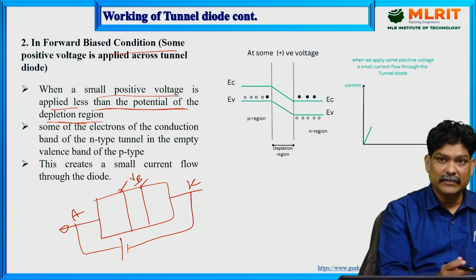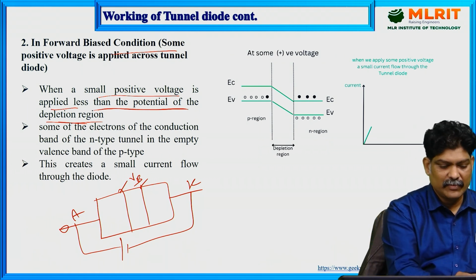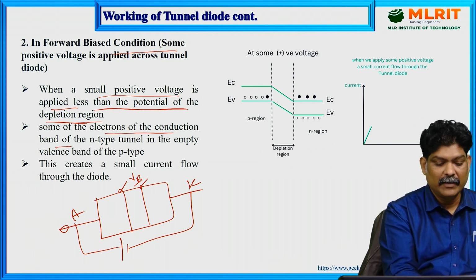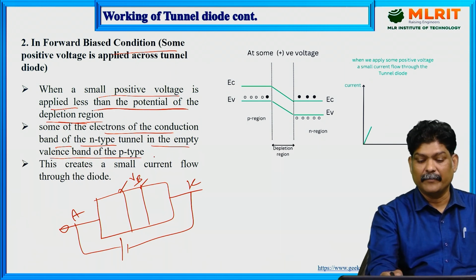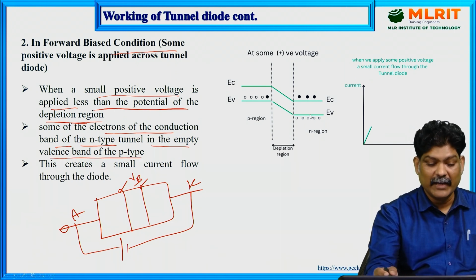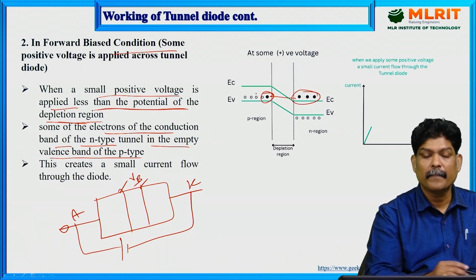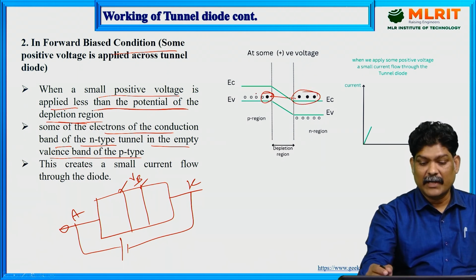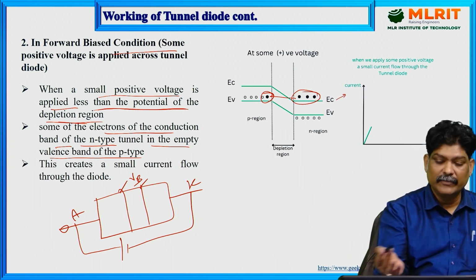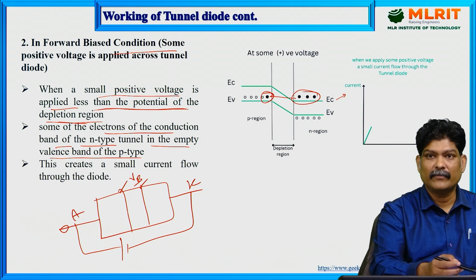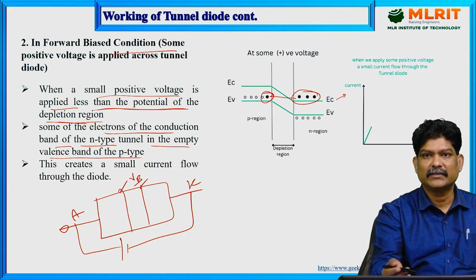That is in contrast to the normal PN junction diode. Some of the electrons of the conduction band of the N type tunnel into the empty valency band of the P type. So the electrons from the conduction band of the N side will move to the valency band of the P side, and there is a chance of recombination.